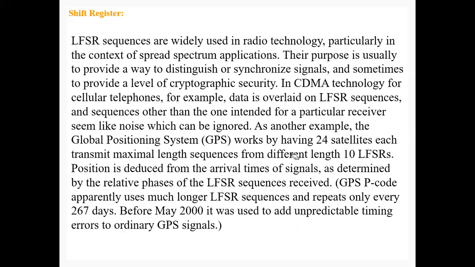As another example, the Global Positioning System, GPS, works by having 24 satellites each transmit maximal length sequences from different length 10 LFSRs. Position is deduced from the arrival times of signals as determined by the relative phases of the LFSR sequences received. GPS P code apparently uses much longer LFSR sequences and repeats only every 267 days. Before May 2000, it was used to add unpredictable timing errors to ordinary GPS signals.